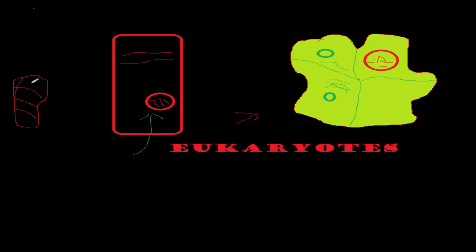A peroxisome is basically aerobic, which means that it can last in an oxygen-rich environment. So this eukaryote, which is currently anaerobic, will now take this peroxisome and consume it, like literally consume it. And now the eukaryote has the ability to thrive in an oxygen-rich environment.